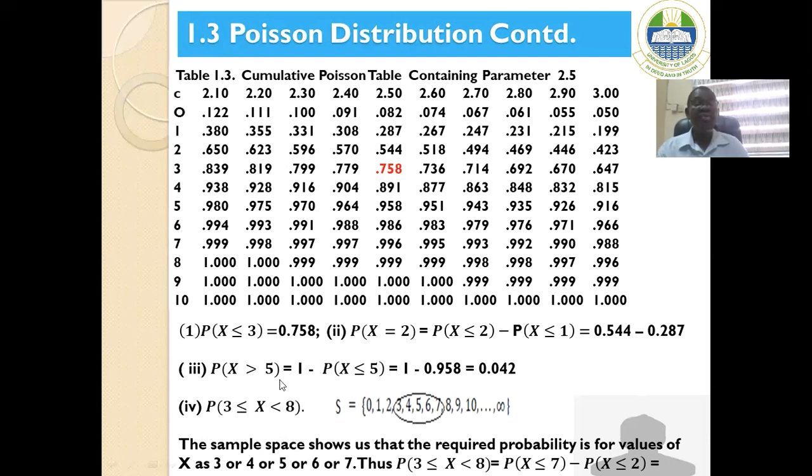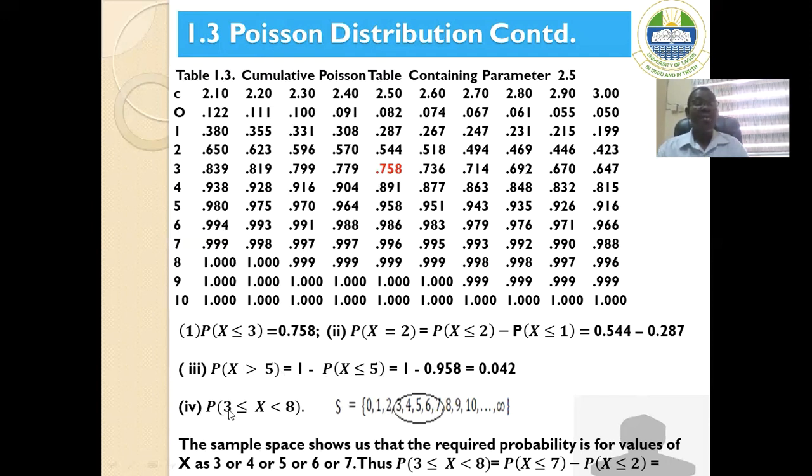So if you subtract the probability that x is less or equal to 5 from 1, because x cannot be 0, 1, 2, 3, 4 up to 5, but x can be 6, 7, 8, 9, we get the answer for what we are looking for, which is this value.